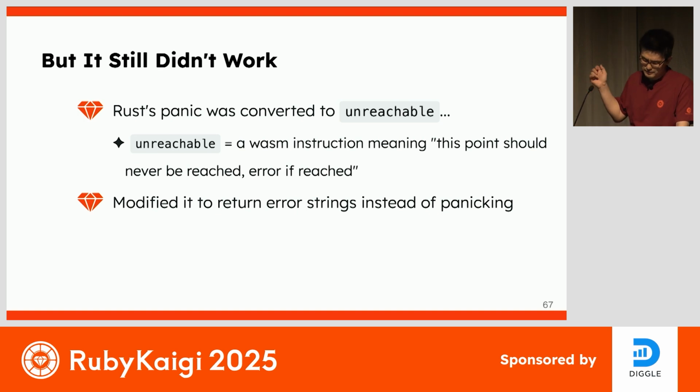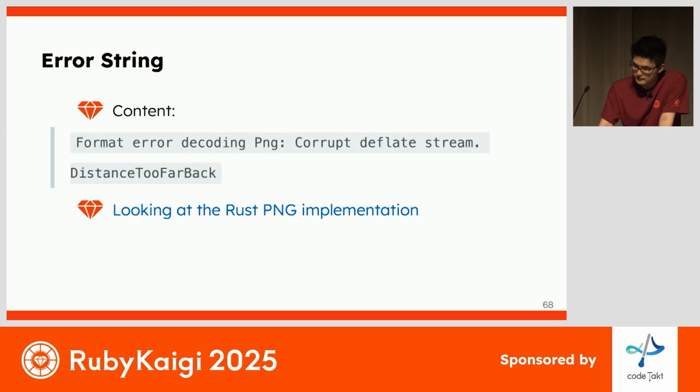Unreachable simply means make an error if reached, which was very helpful for debugging. So instead of letting it panic, I modified it to return the error string directly from the function. Okay, now I had an error ID and message.